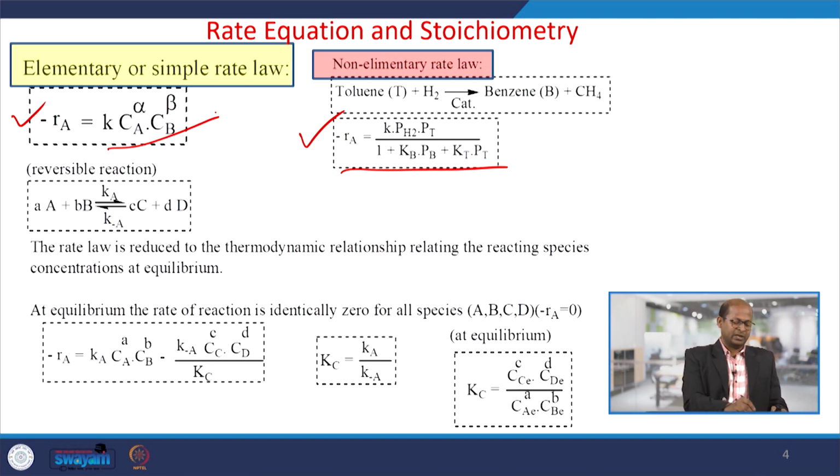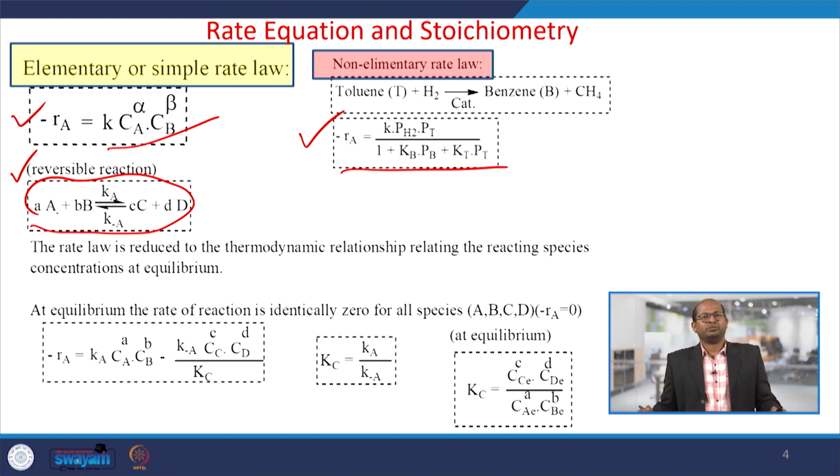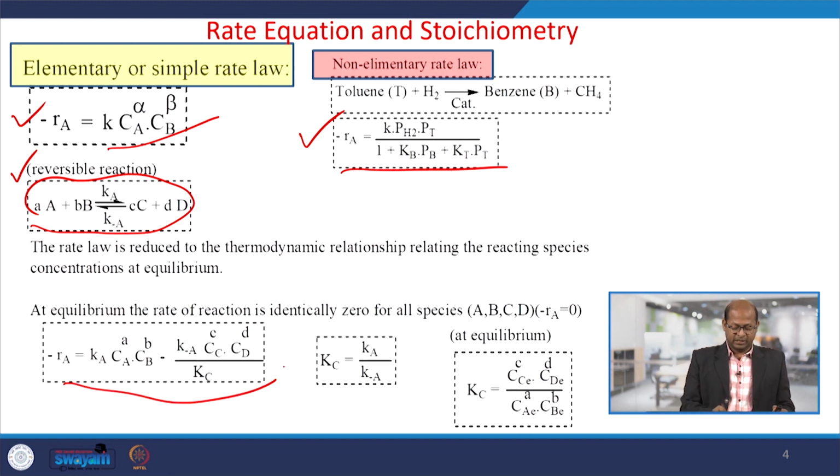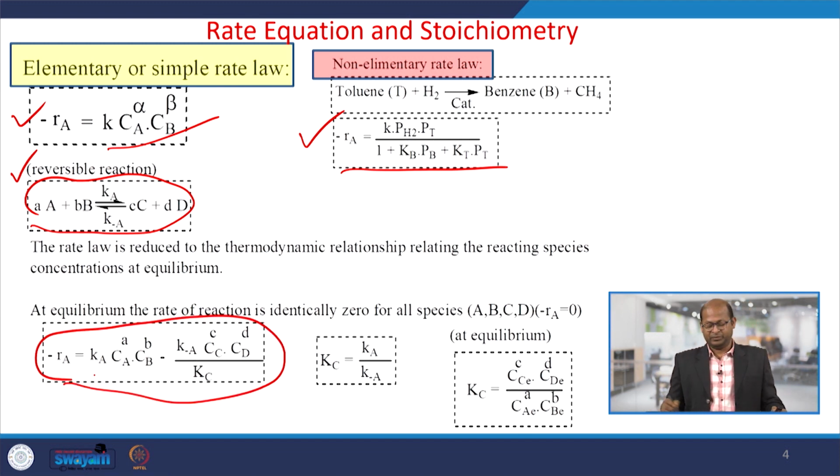There are also some reversible reactions. This is the reversible reaction A plus B going to C plus D. In that case the rate law is reduced to the thermodynamic relationship relating the reacting species concentrations at equilibrium. This is the rate equation we can write for this type of reversible reaction.